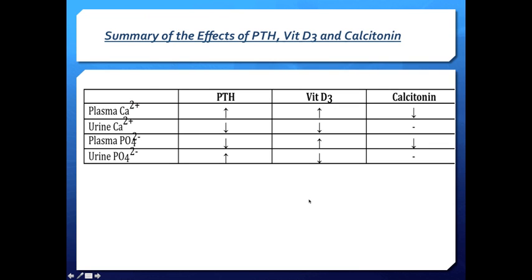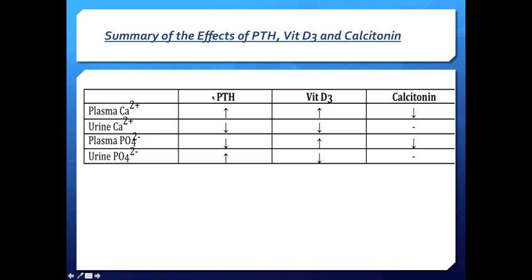This chart summarizes the effects of PTH, vitamin D3, and calcitonin on the plasma concentrations of both calcium and phosphate. It also shows what happens in terms of excretion of these two minerals. But for now, let's just focus on the plasma concentrations of both calcium and phosphate.